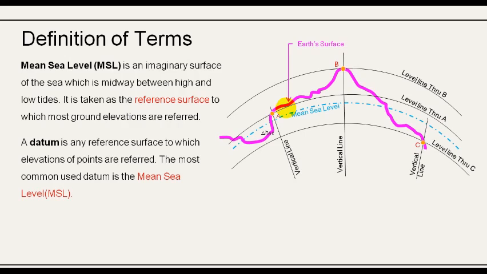So, for instance, we need to determine the elevation of point B. Then we need to have a reference point for that. That reference point is called datum. And the most common used datum is the mean sea level. This one, mean sea level.